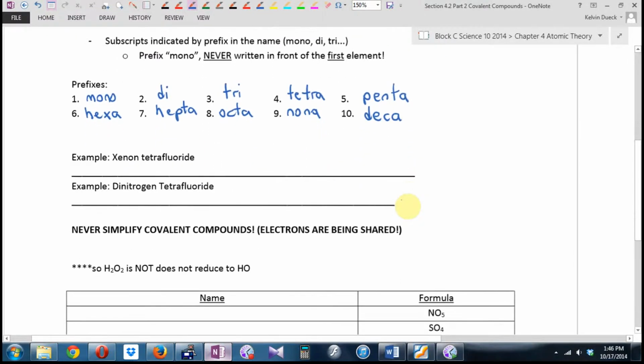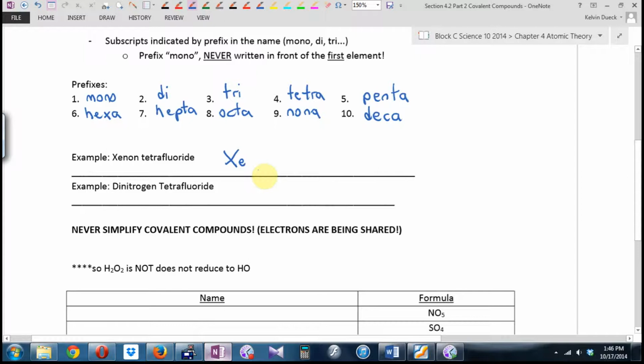So, example, if I say to you xenon tetrafluoride, how many xenons are there? What's in front of the word xenon? Nothing. That means there's only one, a mono, but we don't bother writing it. So the formula is going to be as follows. What's the symbol for xenon? Xe. 1. Am I going to write the 1?